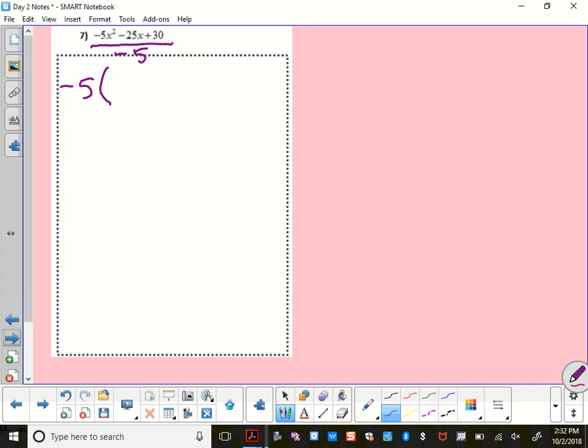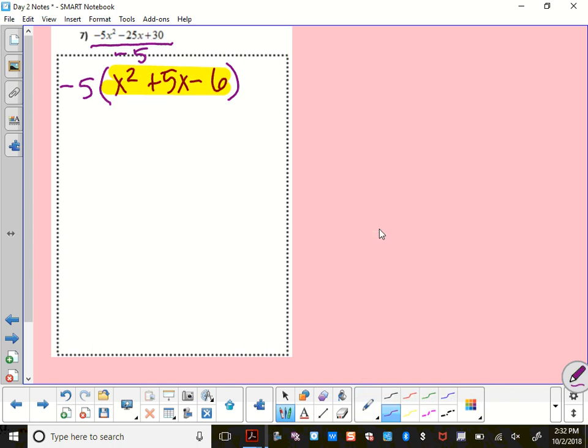Let's divide. Negative 5x squared divided by negative 5, I'm left with what? x squared. Negative 25x divided by negative 5 is positive 5x, right? And then 30 divided by negative 5, we get negative 6.